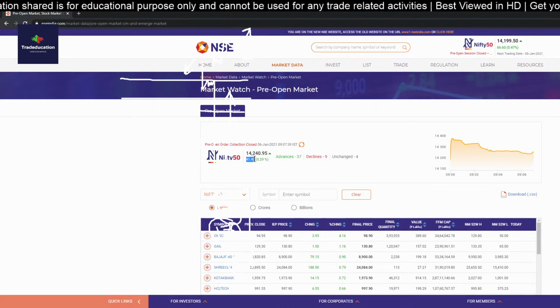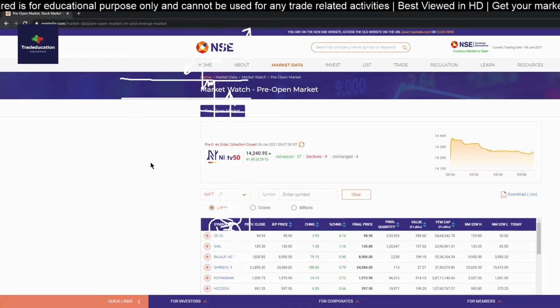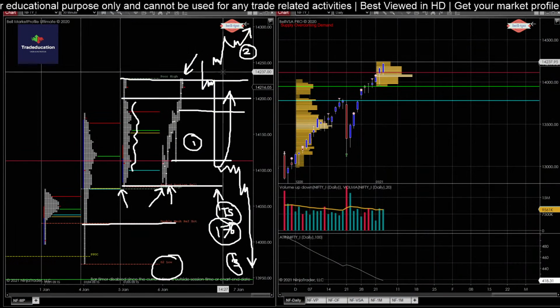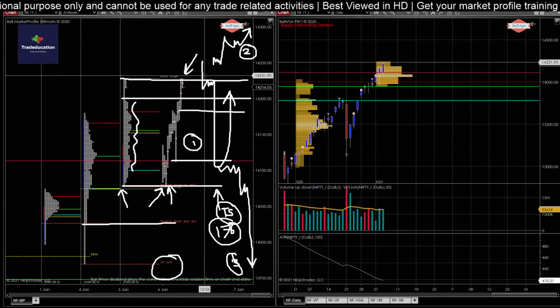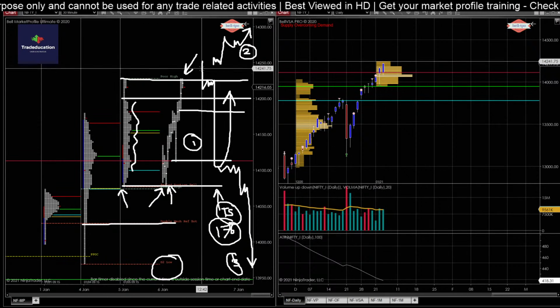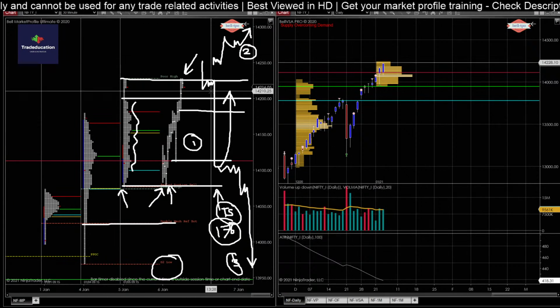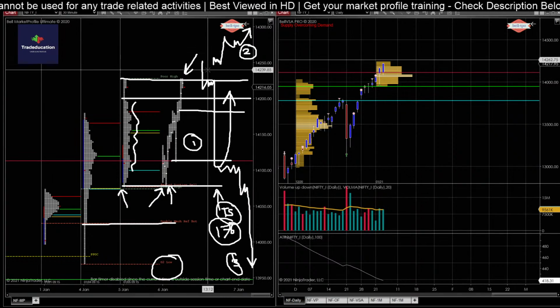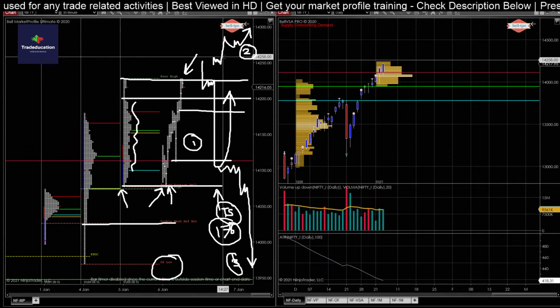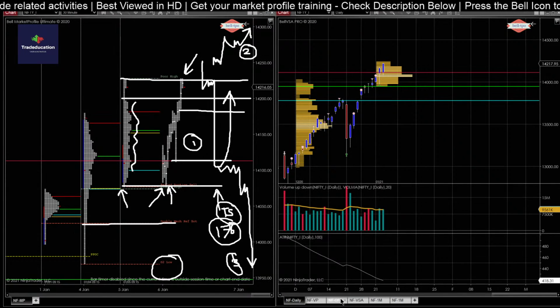Okay, so flat opening, 41 points, 11,240. Let me close that. So hypo 1 is what I'm looking at, and hypo 1 and hypo 2. Hypo 3 will come later on, but these are the two hypotheses, the auction development paths, which I'm looking at to develop today.